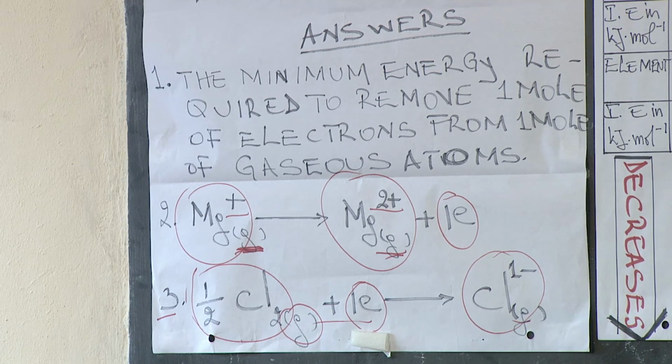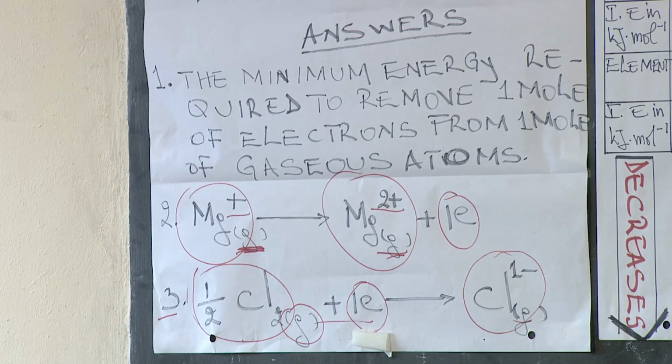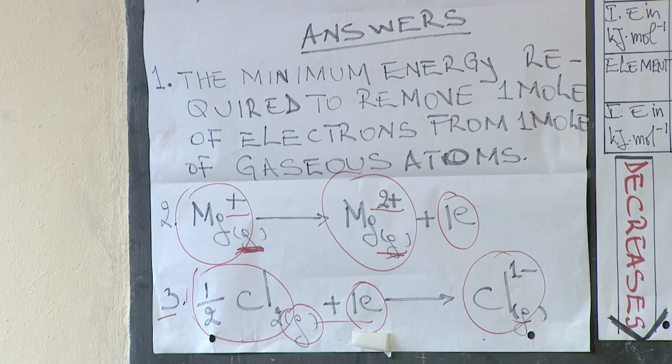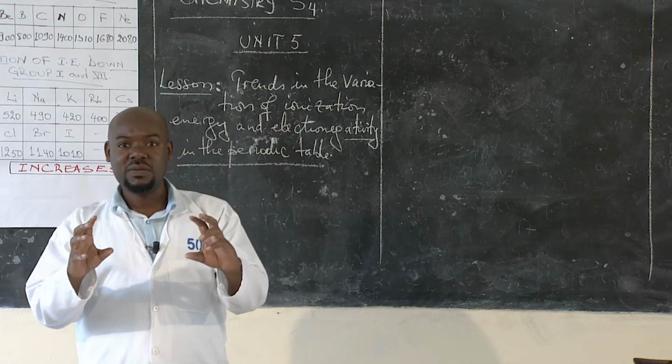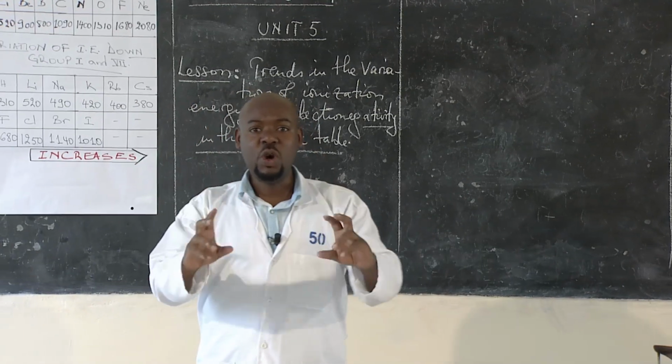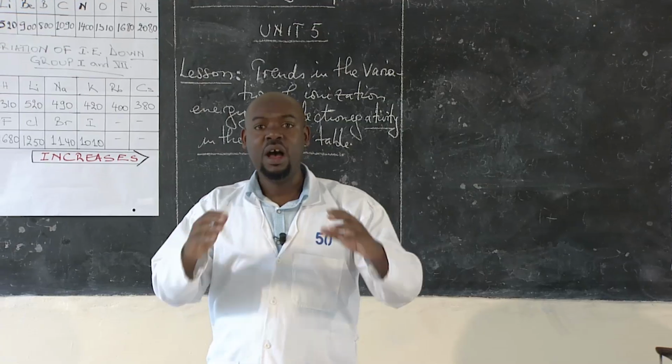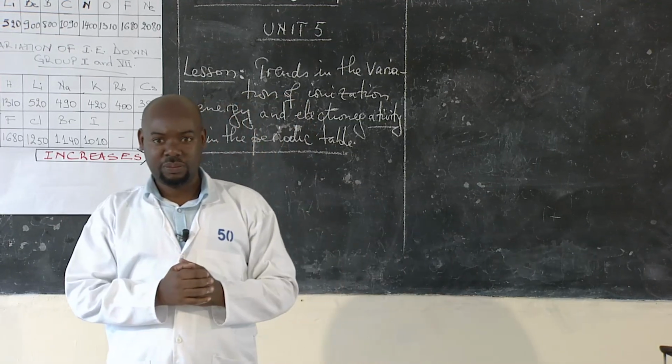The answer is no. The energy cannot be the same. Why? Because atoms do not have the same nuclear attraction. And because of that, electrons do not experience the same nuclear attraction.